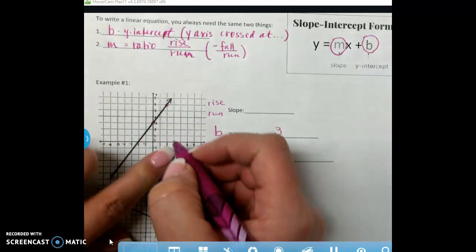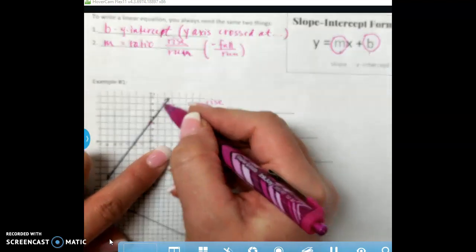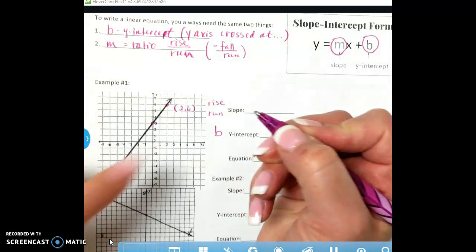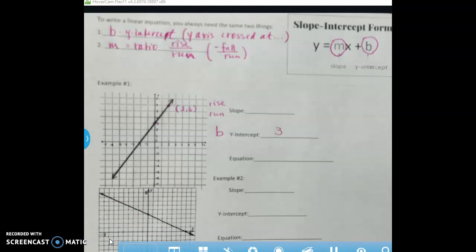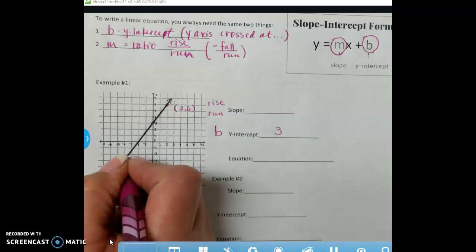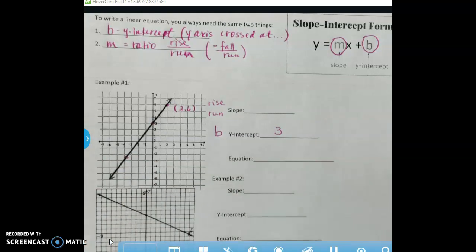So if I were to write the coordinates of this point, they would be 2 and 6. Not 2.5, not 2.3, not 6.8. Very, very nice numbers. You should not pick the value that sits right here; it's not on an intersection of the grid or anything that's perfectly defined.